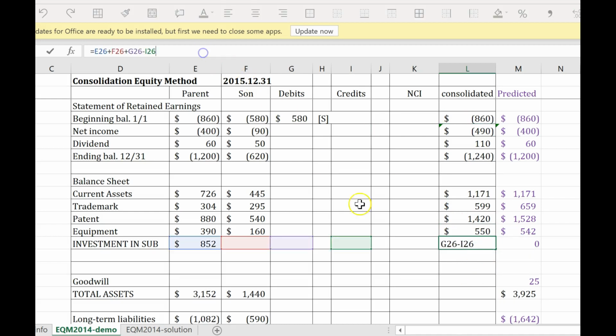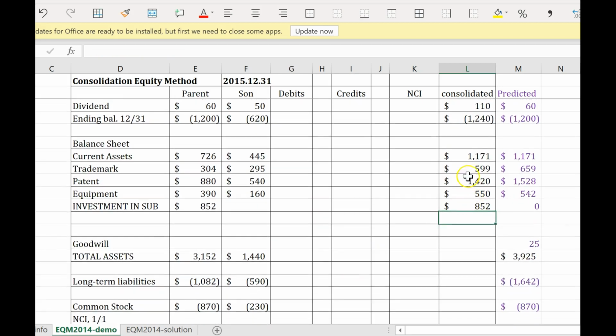For the investment account, we may need more, so we may subtract this and this. Goodwill, same. Total assets would be added up from the above.